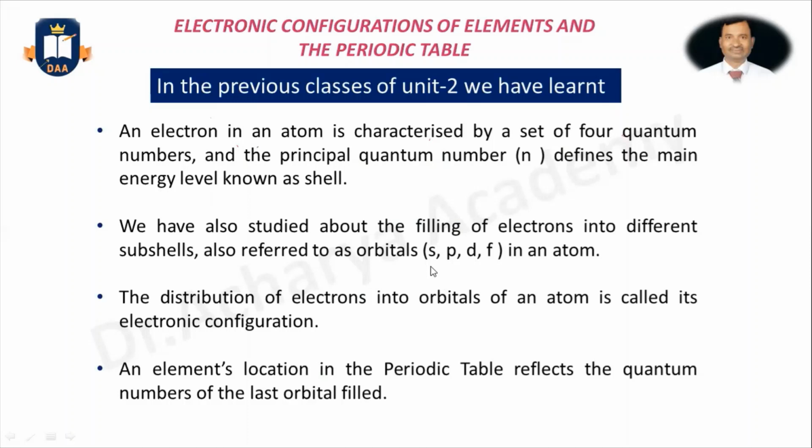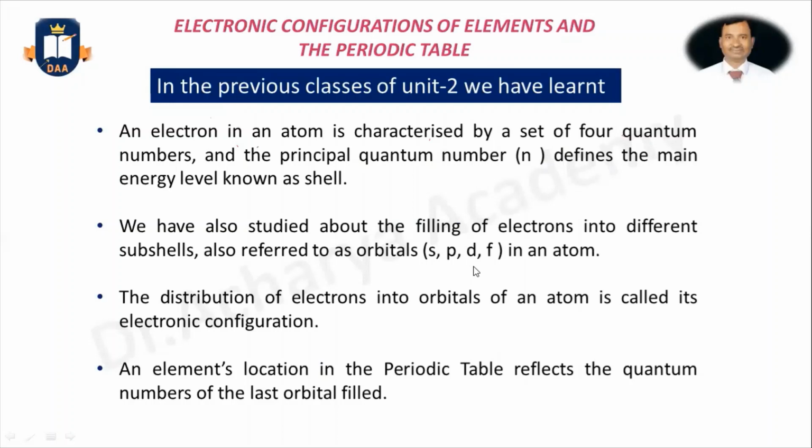For the s orbital, the maximum number of electrons it can occupy is 2. For p orbitals, the total number of electrons occupied in the 3 orbitals px, py, pz is 6.